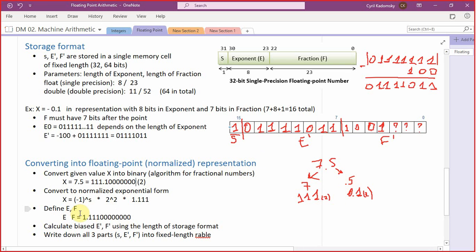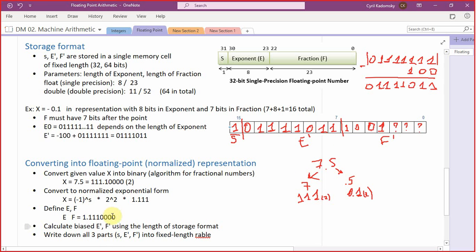How many of these digits should we have? It depends on the storage format. If we use the same format, then after the first one we should have 7 digits. So we count 1, 2, 3, 4, 5, 6, 7. All the rest is not needed. And here also we must have 7.